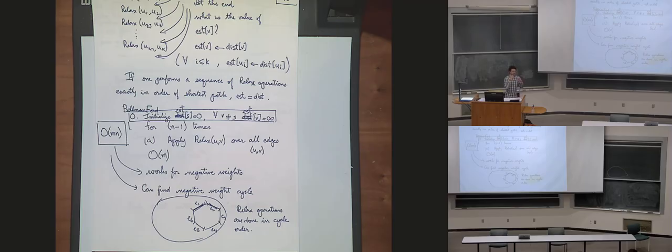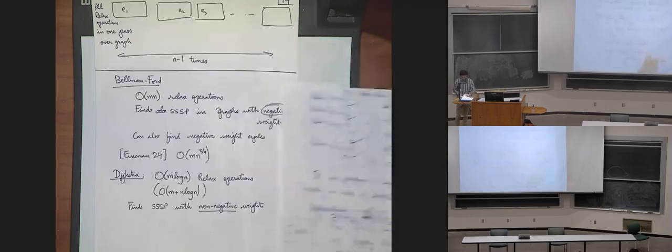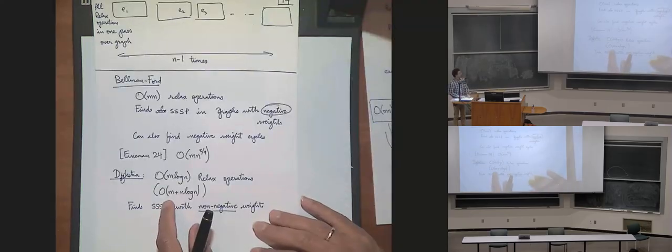But if you have non-negative weights and you maintain a data structure, you can be a little clever and figure out what is the next right thing to do. That's exactly what Dijkstra does. It maintains a priority queue, and the priority queue tells it what is the next correct operation to do. Make sense? And so that is m log n.